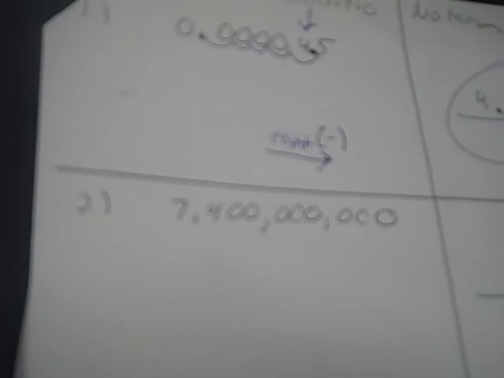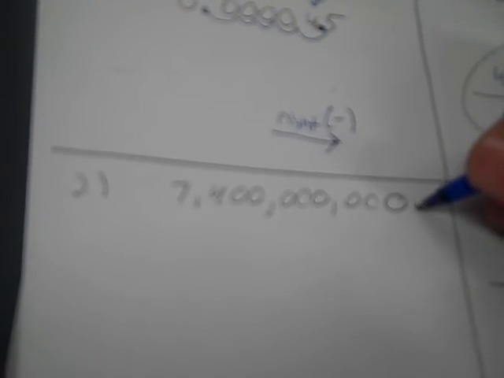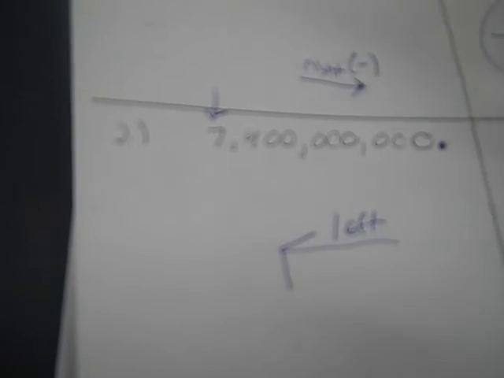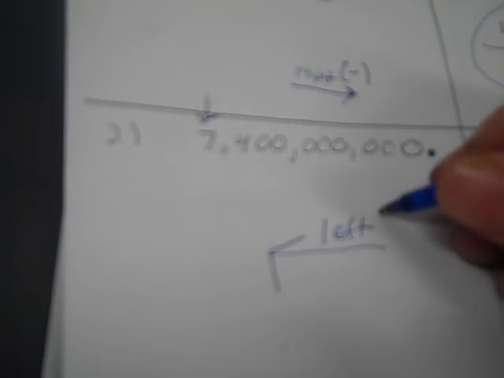Okay, blank times 10. You need the decimal. If you don't see it, you automatically place it at the end. And then look from this way. The very first number is not 0, so it can go between 7 and 4. It would need to move this way, that is left, meaning our exponent is going to be positive.